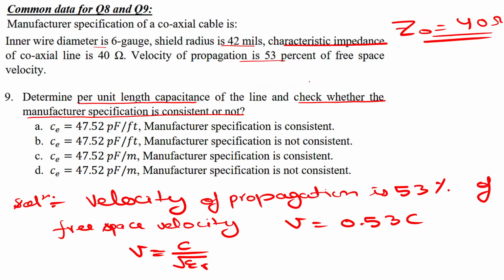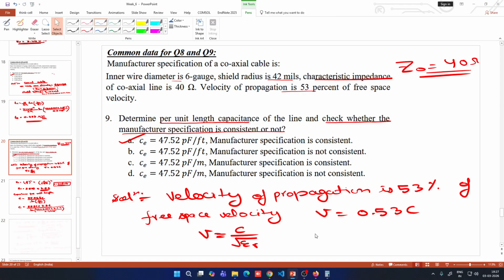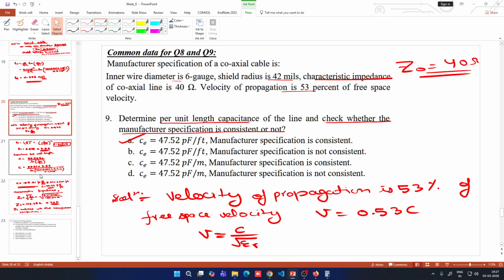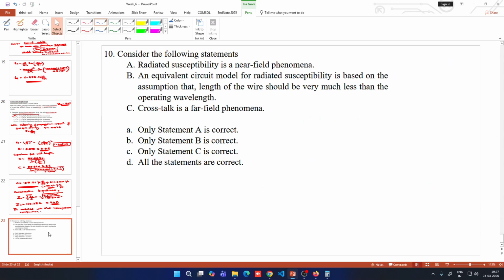Now if you match it with the given options, the correct option is option A. I hope this is clear. If you have any doubt in this, please let me know. If it is clear, we will move on to question number 10.